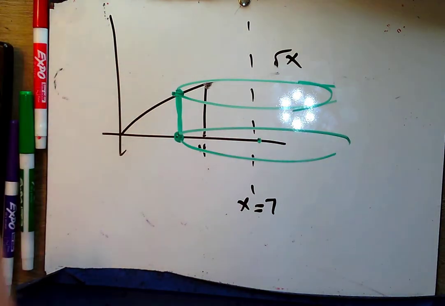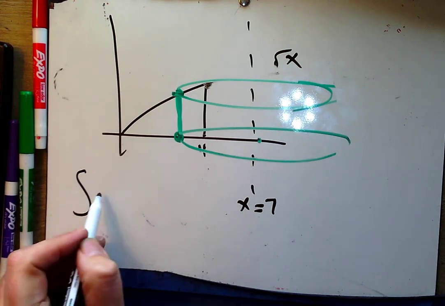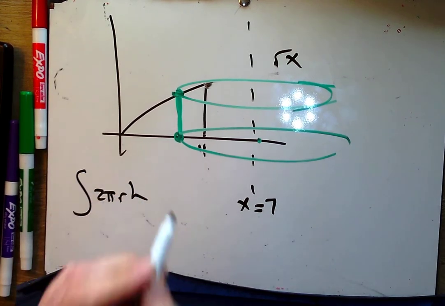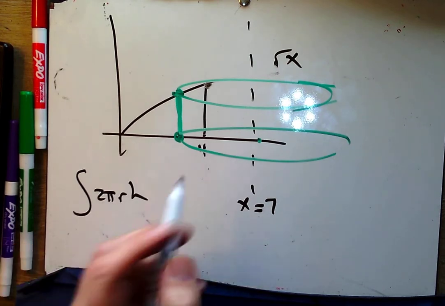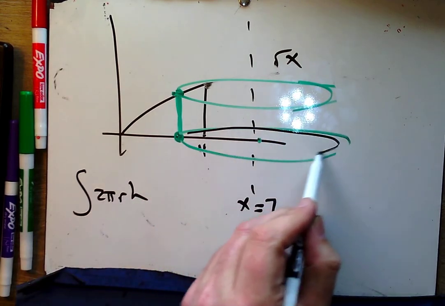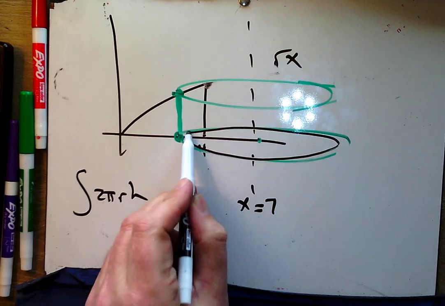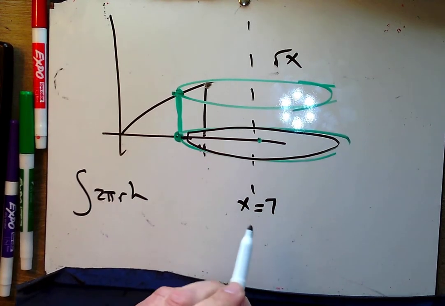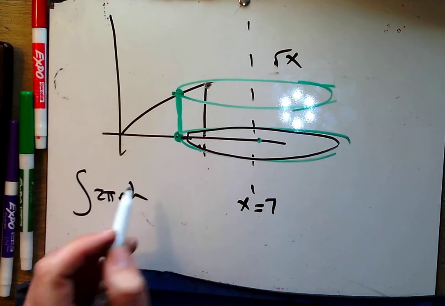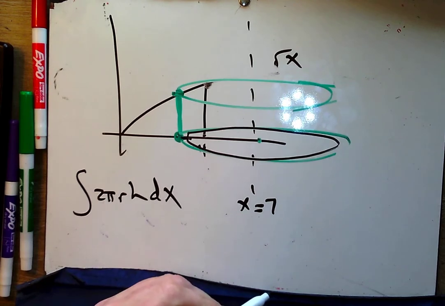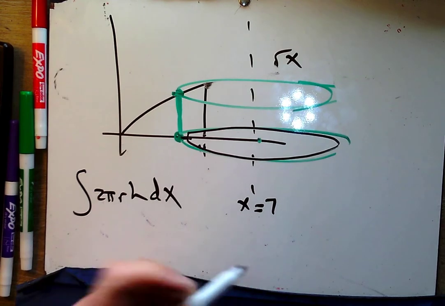Hey everyone, welcome back. So, we know, since we're doing shells, we have 2 pi r h. dx or dy? Well, if I measure the thickness of this thing, that thickness is measured across the x-axis. This is a dx. Okay, so what do we have here?